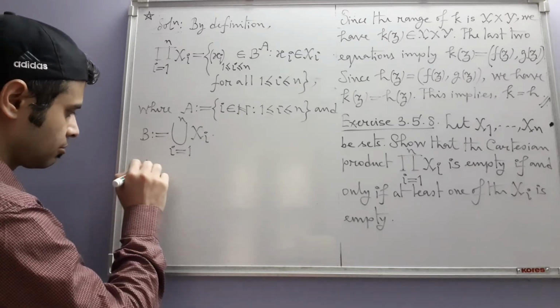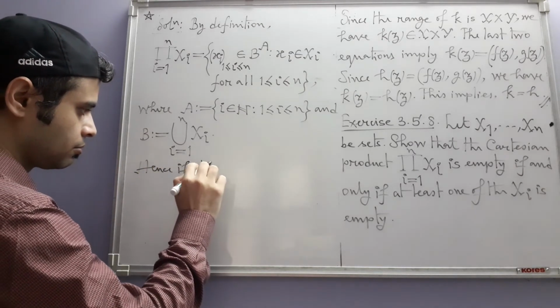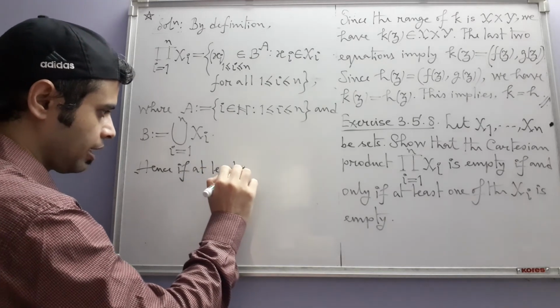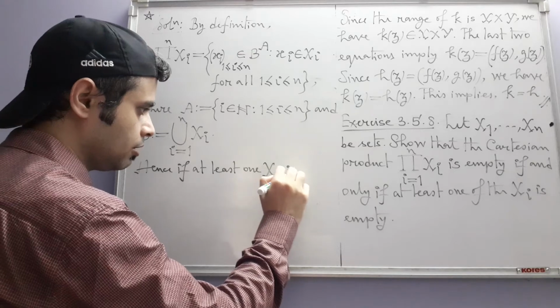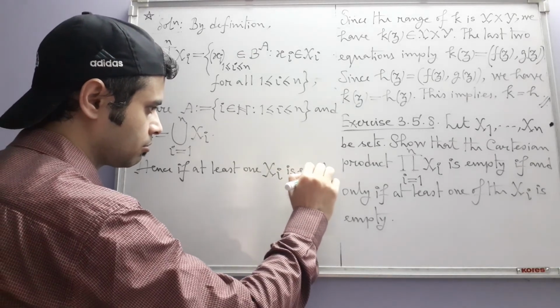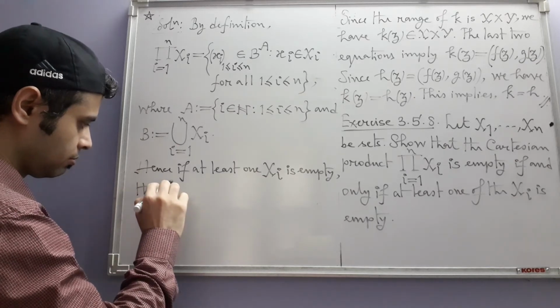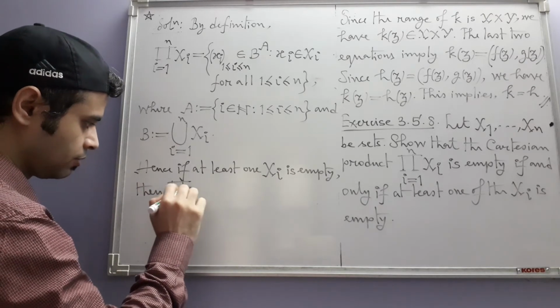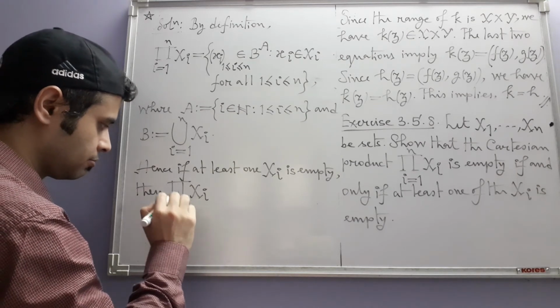Hence, if at least one Xi is empty, then the Cartesian product is also empty.